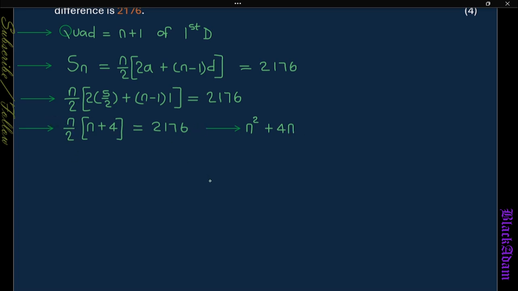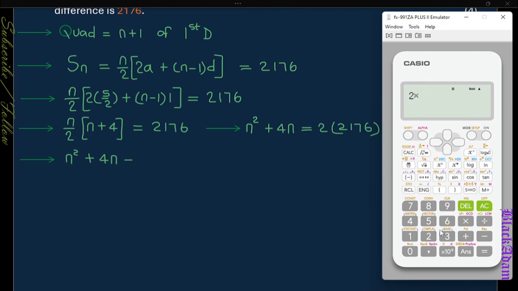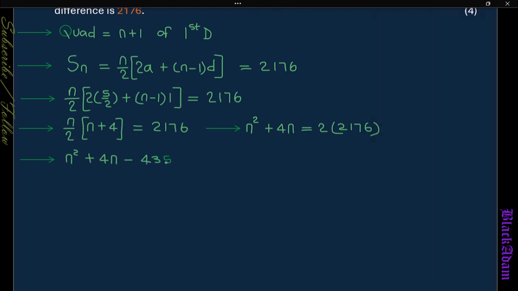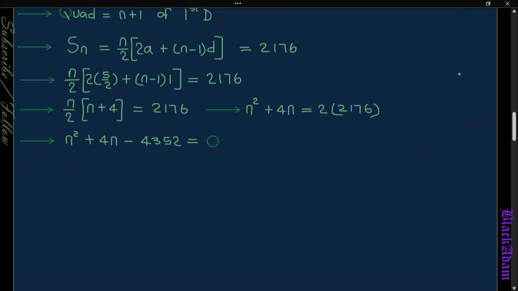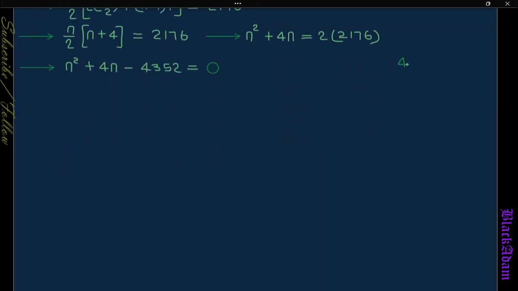Multiply both sides by 2. So 2 multiplied by 2176, and that gives us n squared plus 4n minus 4352 equals 0. 2 times 2176 is 4352, and we need to factorize that. Let's factorize 4352.